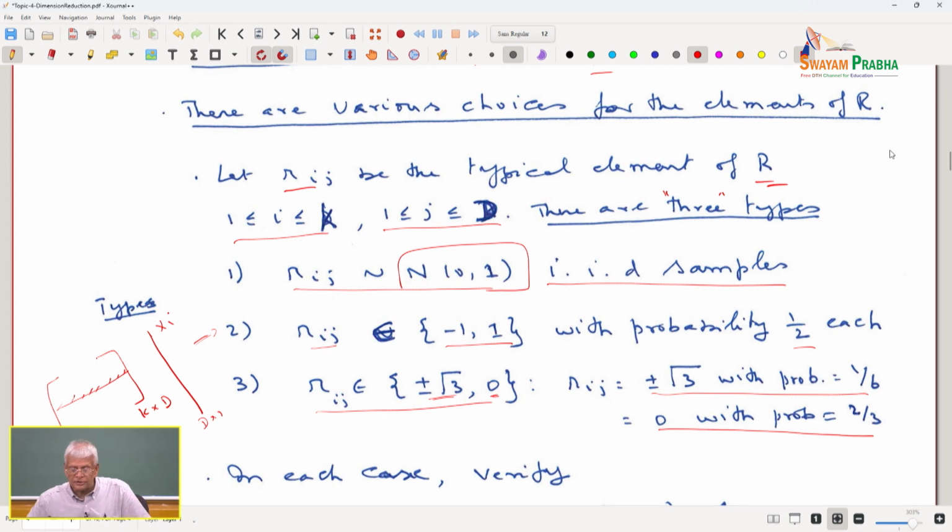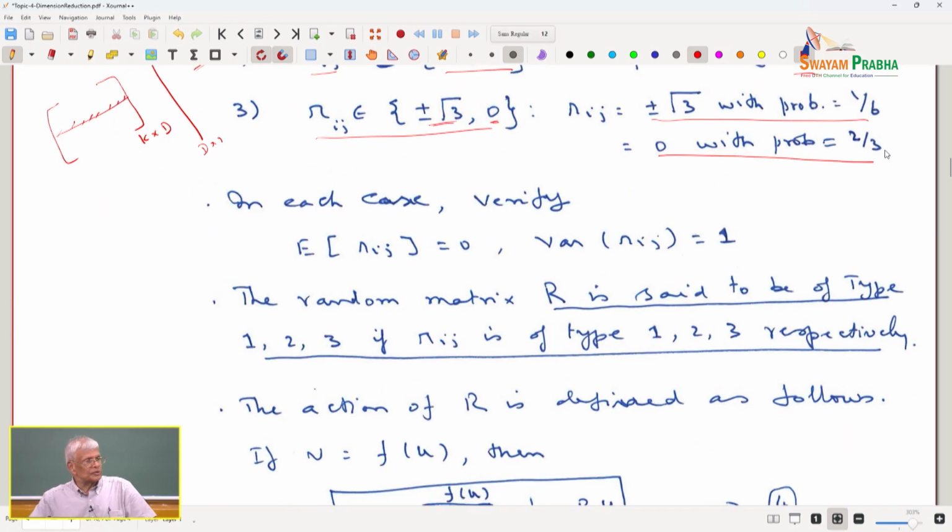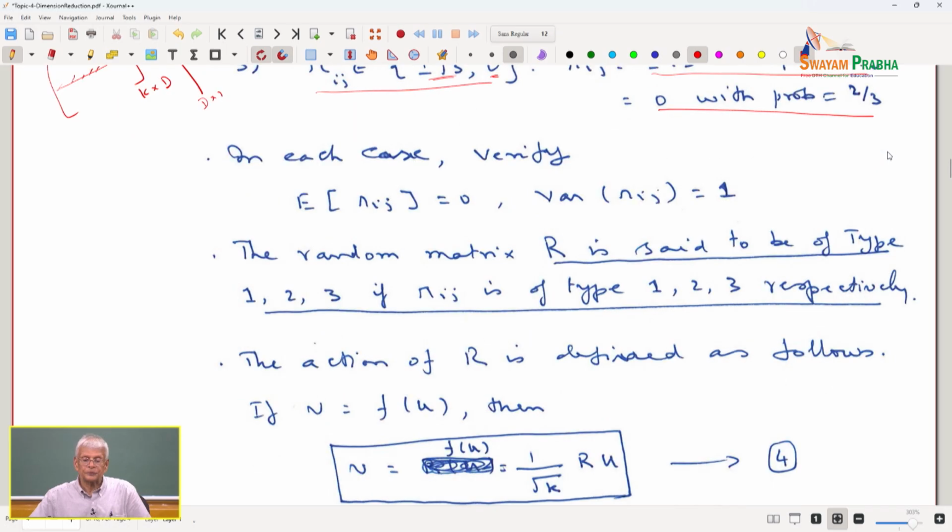In each of these cases, this is something extra I'm trying to do. That's why I'm doing this in a separate module by itself. So in either case, you can verify the expected value of Rij is 0. The variance of Rij is 1.